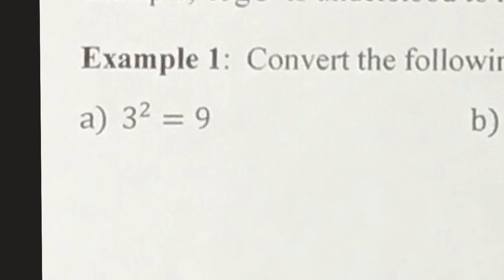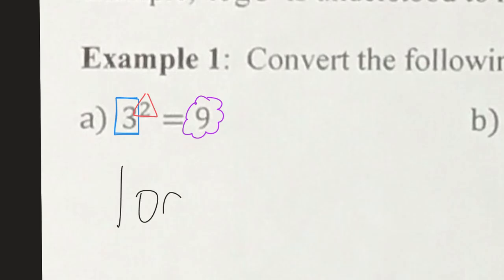Okay, so what's the base of our exponents? The answer is 3. What's the exponent of our exponents? 2. And what's the answer? 9. Okay, so when we write this as a log, we first write the word log. Okay, and then we say, what is the base of our exponential? 3, and that becomes the base of your log.